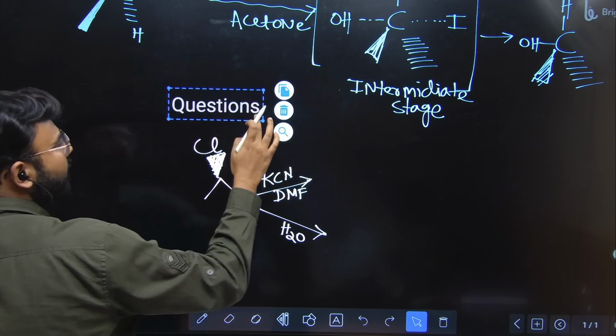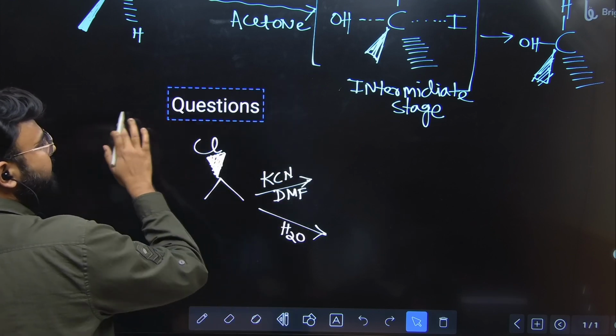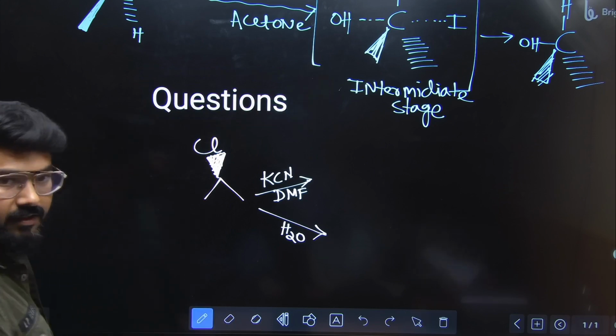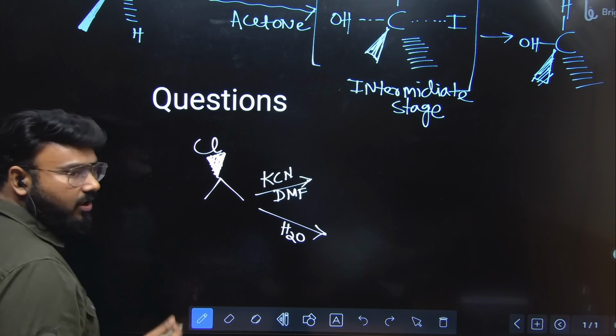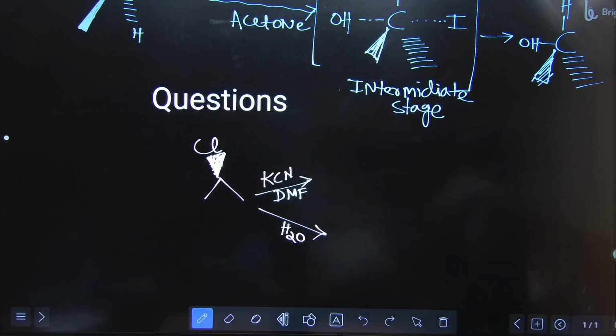Is it fine now? Can you see it clearly now? Yes. Sir, but it only has three bonds, right, sir? How does it have three bonds? The other one is a hydrogen. If a bond is not shown, it means it's a hydrogen, right? Okay, sir. Understood. Yes, it's correct.